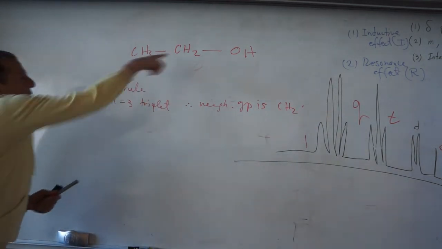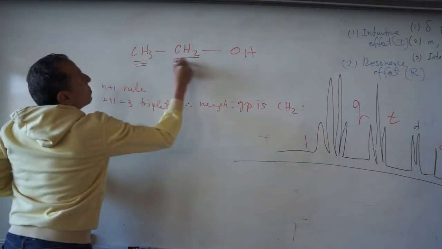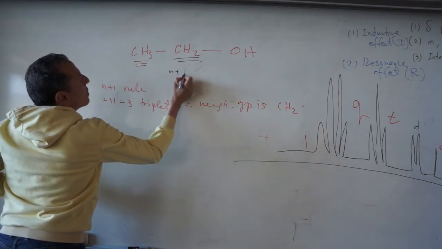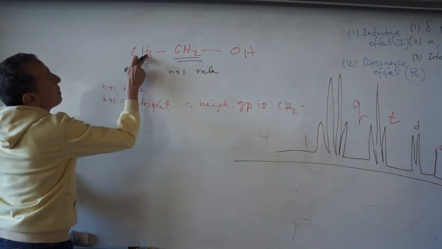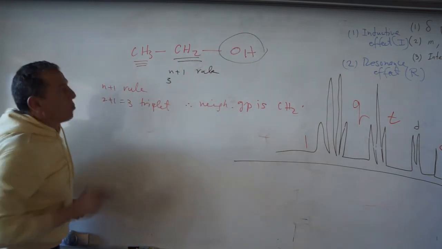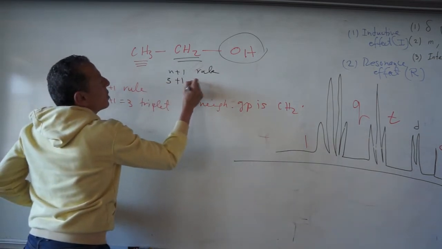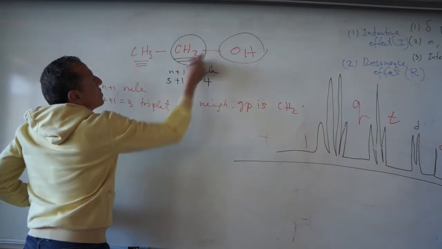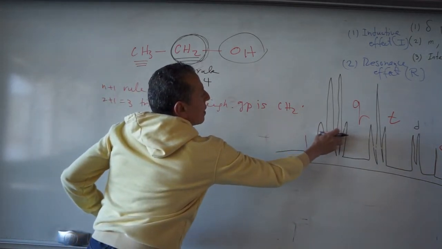You got it? We can apply it to this one here. This CH2, if we use the N plus 1 rule, how many neighboring hydrogens are here? 3. Here, this is a functional group, so you don't consider it. You consider only the hydrogen carried by carbon. So 3 plus 1 equals 4. It means this CH2, how will you see it? You will see it as a quartet.